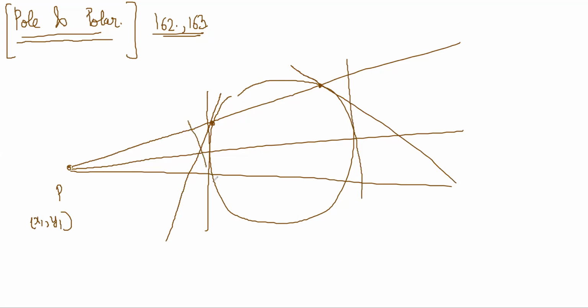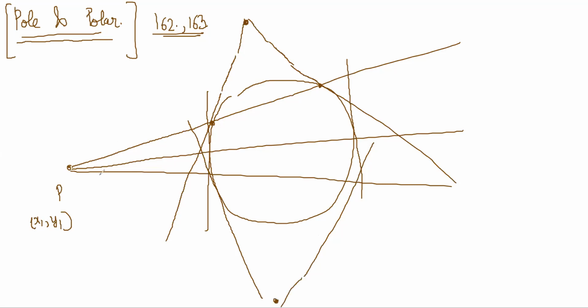And here also I will draw tangents like this and like this, right? Notice that these two tangents will intersect at some point, right? These two tangents are looking very parallel, so it might not intersect on the screen, but these two tangents will intersect at some point here.